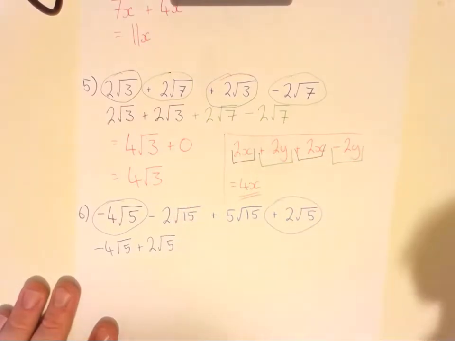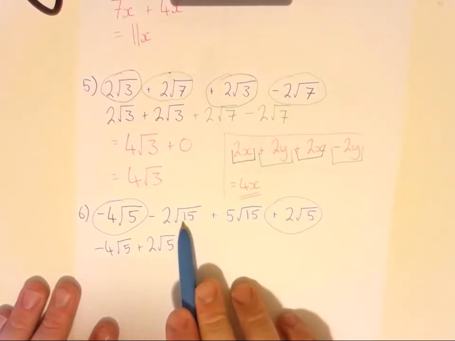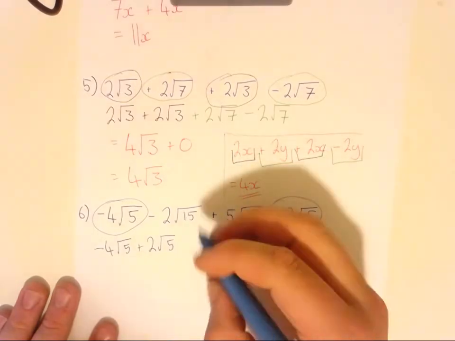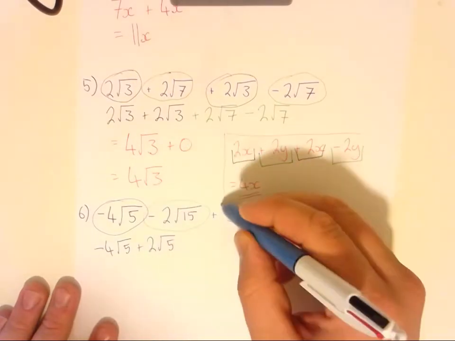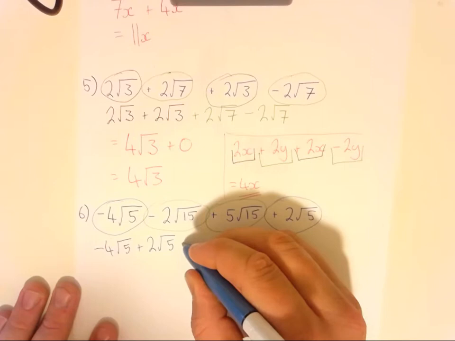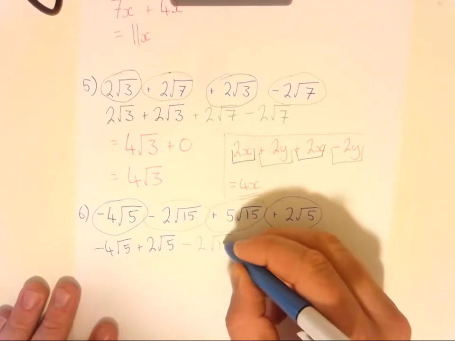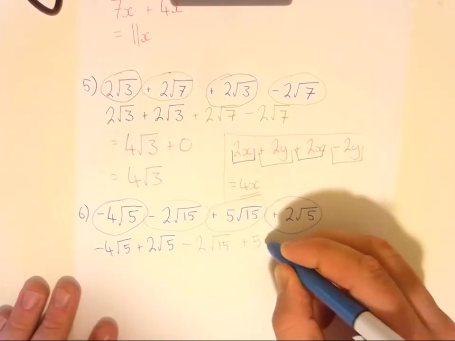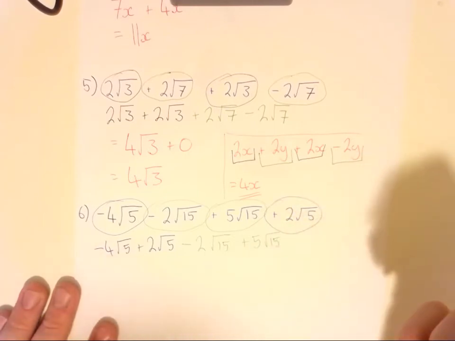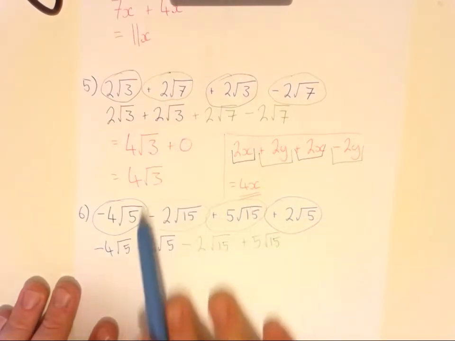I'm then going to look at my other two, so I have root 15 and root 15. So again, because they are also what we would call like terms, I'm going to put those next to each other just to make things a bit clearer. And then much like our previous one, I just go through and work this out.